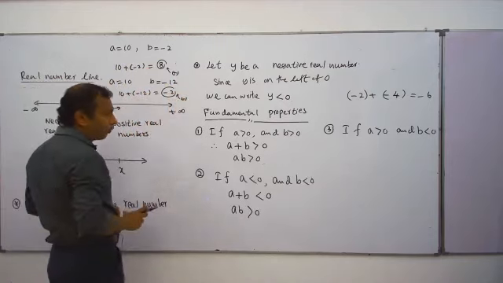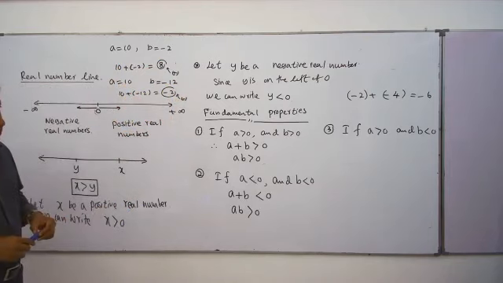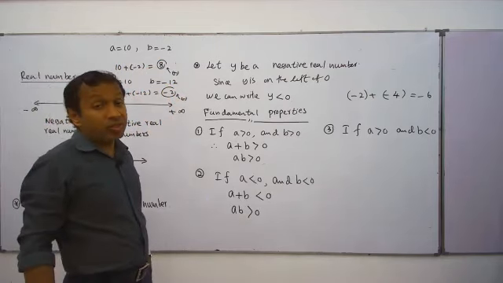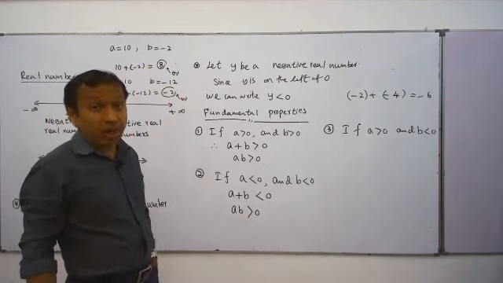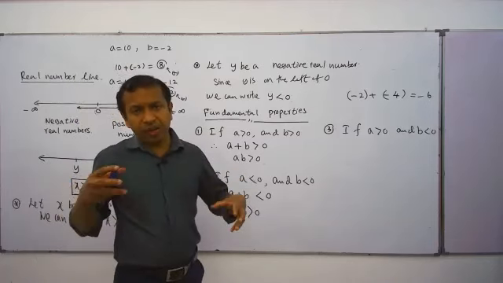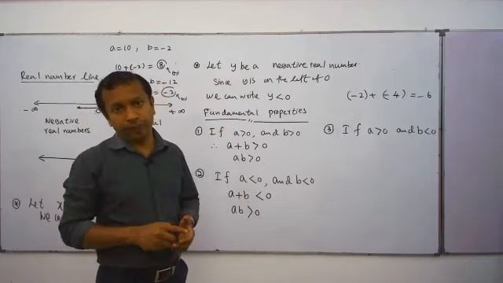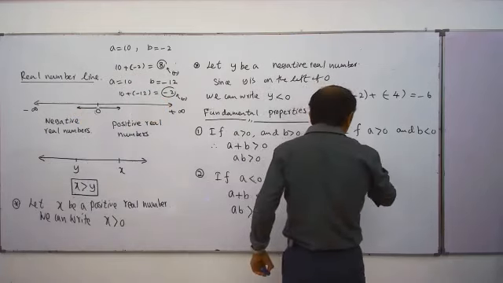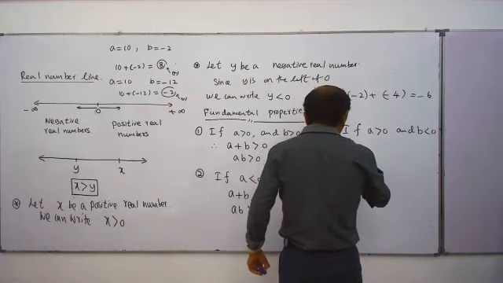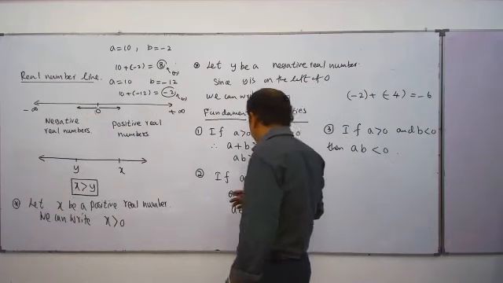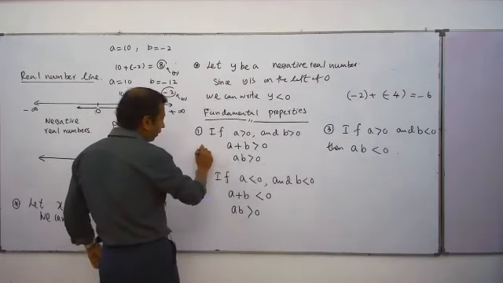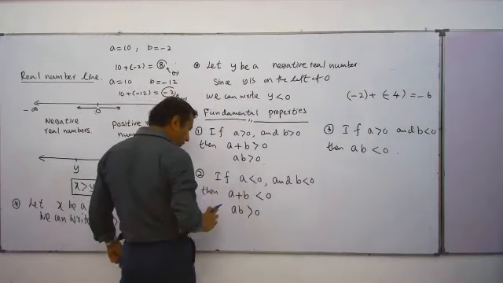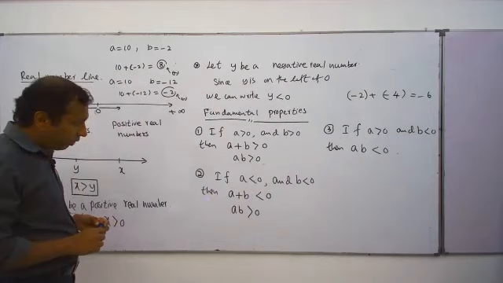So if A positive and B negative, nobody can say the sign of A plus B. But obviously we can say the AB product is negative, since multiplying plus and minus gives a negative answer.